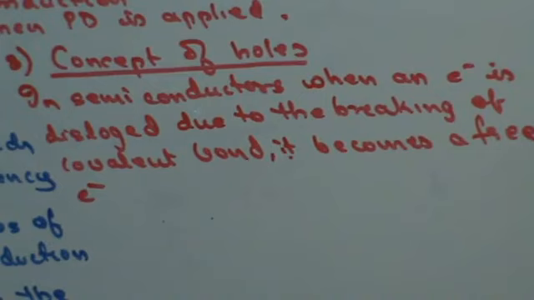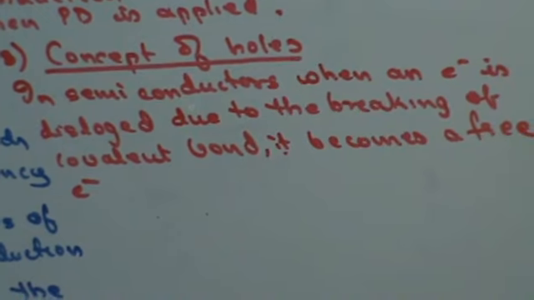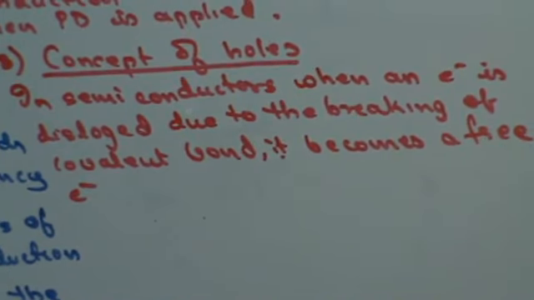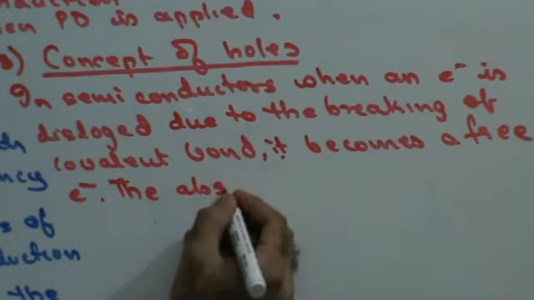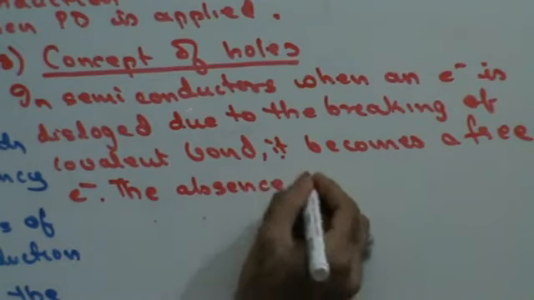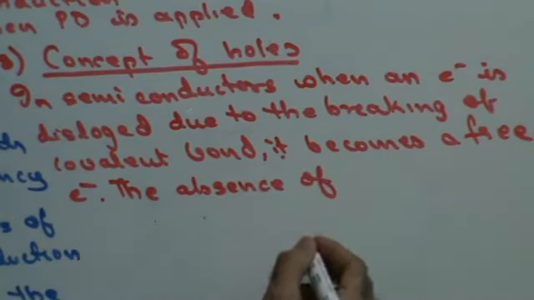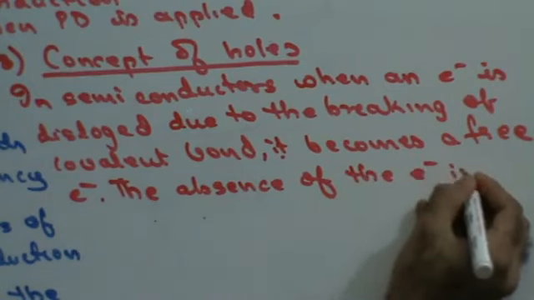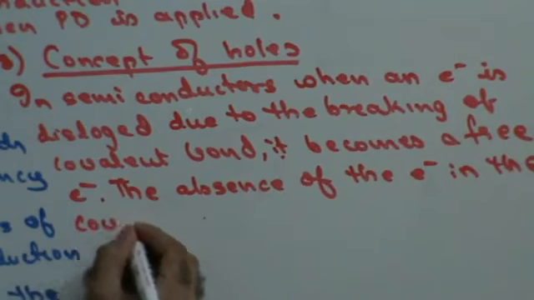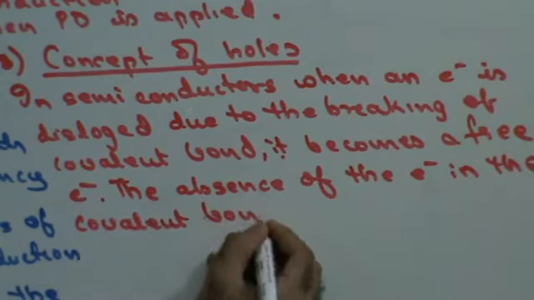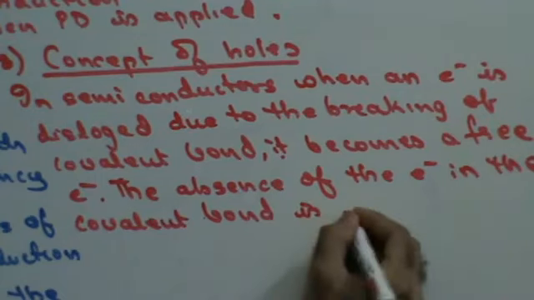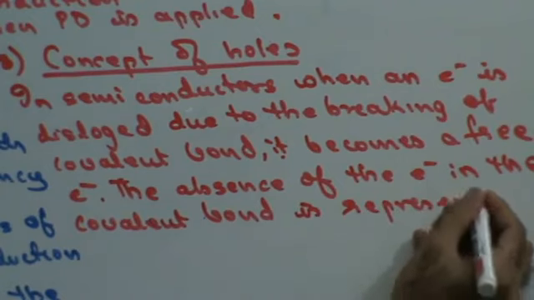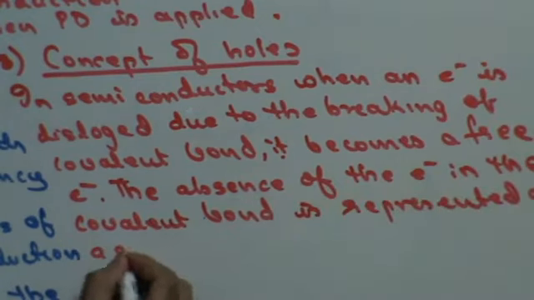Right? Now, the absence of that electron in the covalent bond is represented as a small circle.